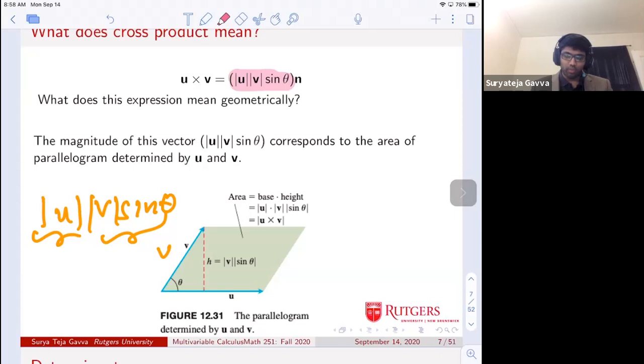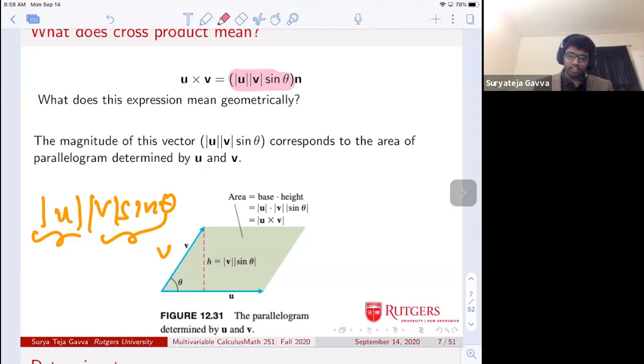But u cross v is not just that number, it also has a direction. The magnitude is given by the area, and the direction is given by a vector which is perpendicular to both u and v.